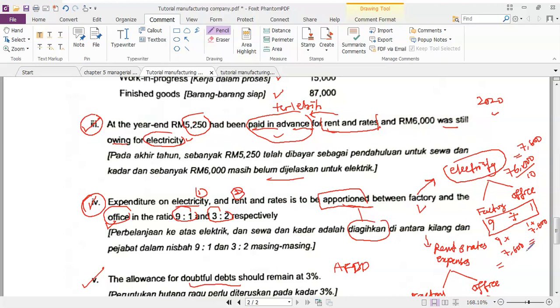How much is electricity for office? Office only 7,600. Okay. How about factory? Times with 9. So overall factory will get 68,400 for electricity.